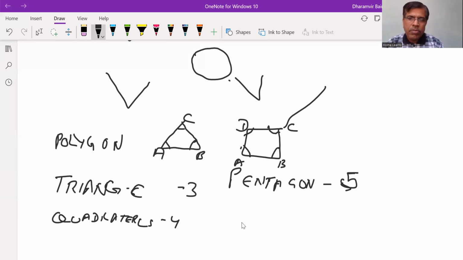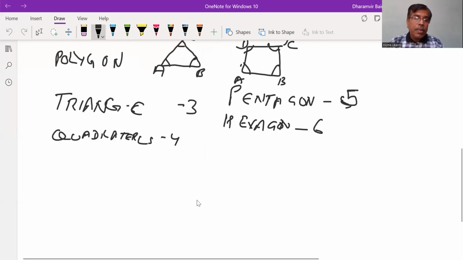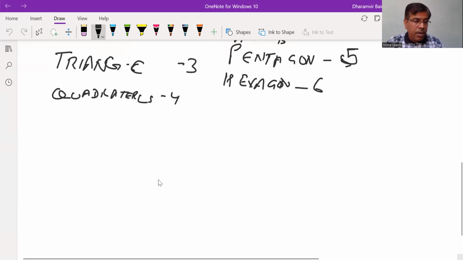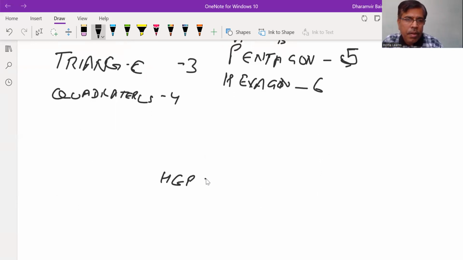Then hexagon. Hexagon has 6 sides because hex means 6. Then is the heptagon. Seven sides.